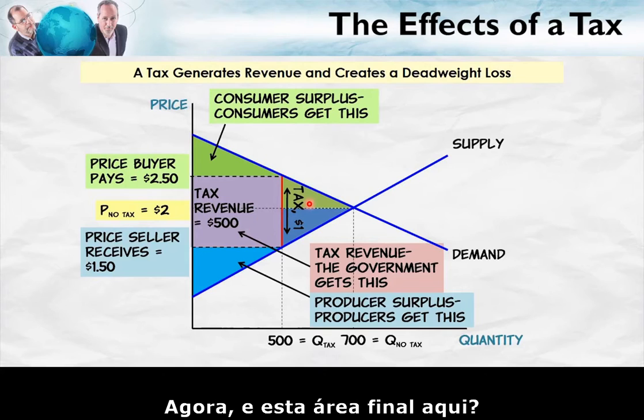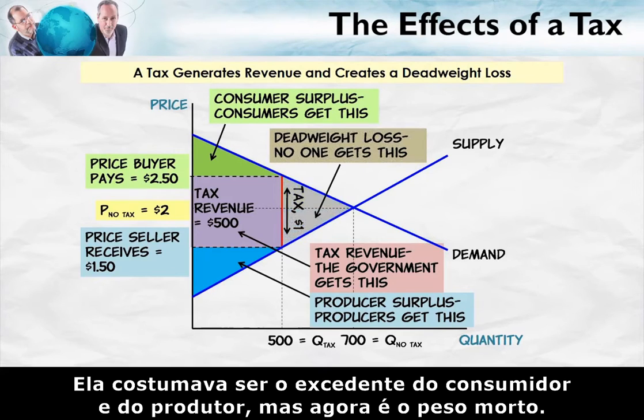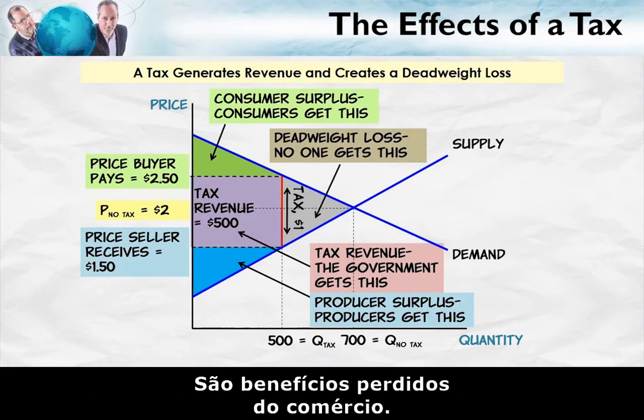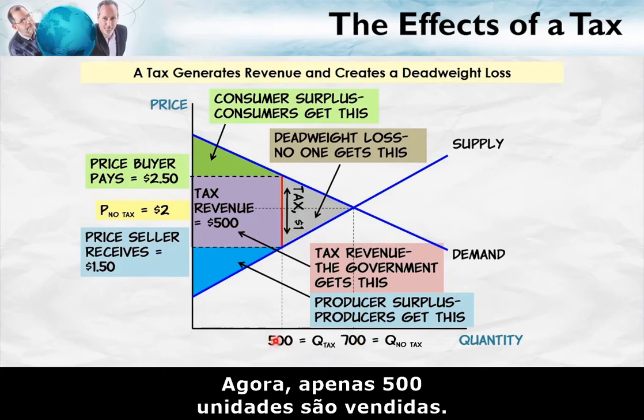Now what about this final bit over here? That used to be consumer and producer surplus, but now it's deadweight loss. Nobody gets that. That is lost gains from trade. So remember, people used to trade 700 units. Now they're only trading 500 units.